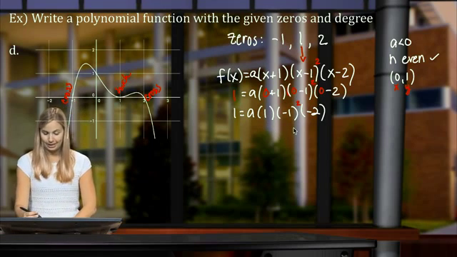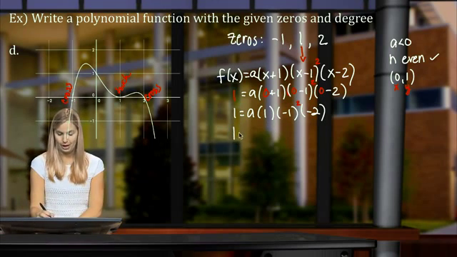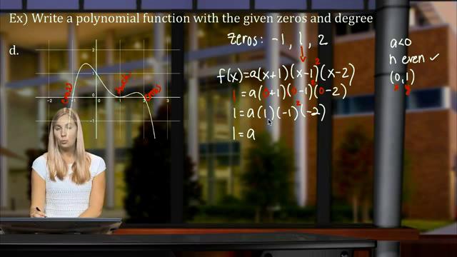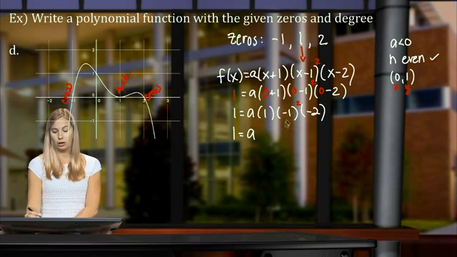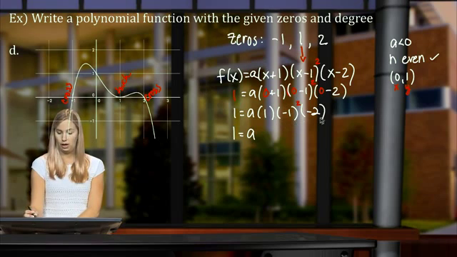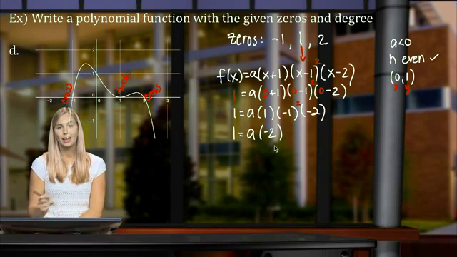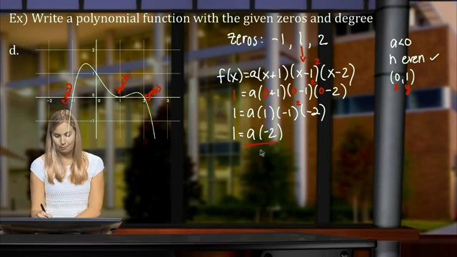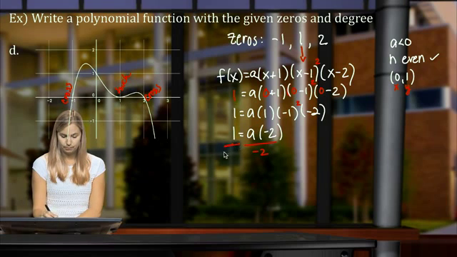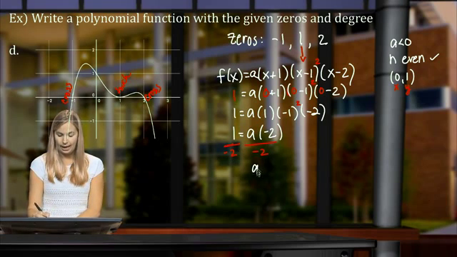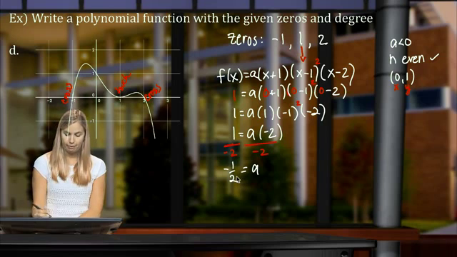So when I simplify this, all right, now the wheels are turning. We have a 1 times negative 1 squared, which is going to be positive 1. So this is still 1 times negative 2. And now we can solve for a by dividing both sides by negative 2, and we get that a equals negative 1/2, which is good.